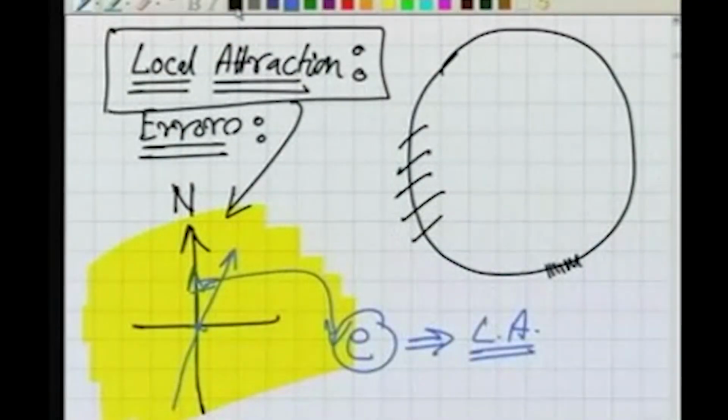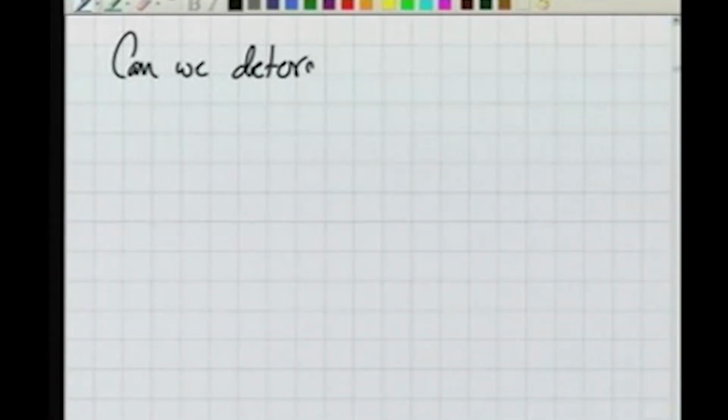The observer is not a careful person. He should take all these objects away. So, local attraction is basically only for those reasons which are beyond the control of the observer. Well, if the local attractions are there, how to take care of that? Can we determine them? Can we determine local attraction?